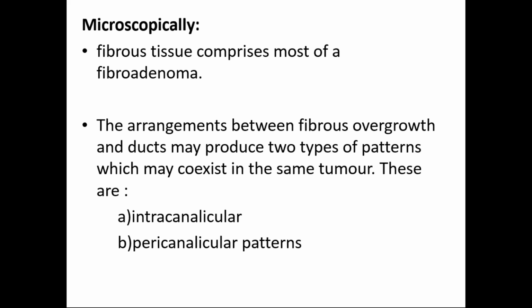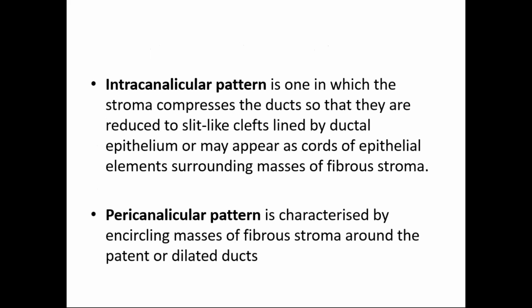Microscopically, this fibroadenoma can have two patterns. One is the intracanalicular and the other one is the pericanalicular pattern. In the intracanalicular pattern, the stroma compresses the ducts and they will appear like slit-like clefts which are lined by ductal epithelium, and sometimes they can also have other patterns like a cord pattern surrounding the fibrous stroma.